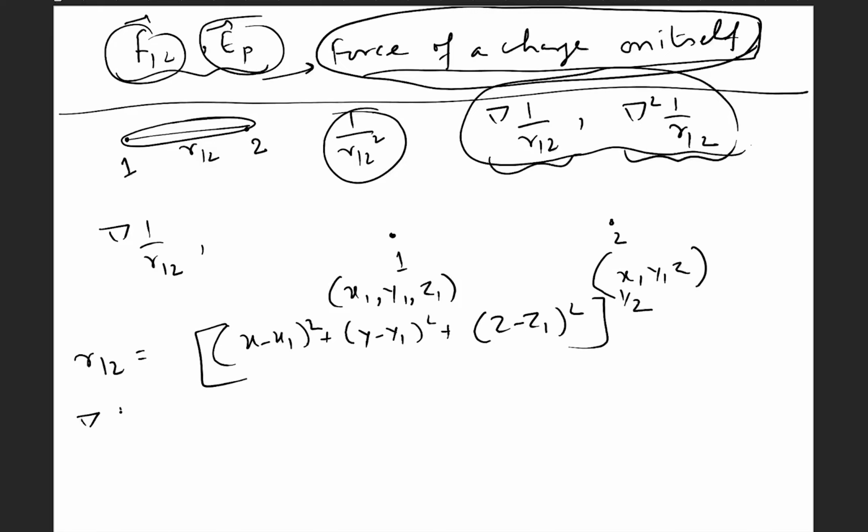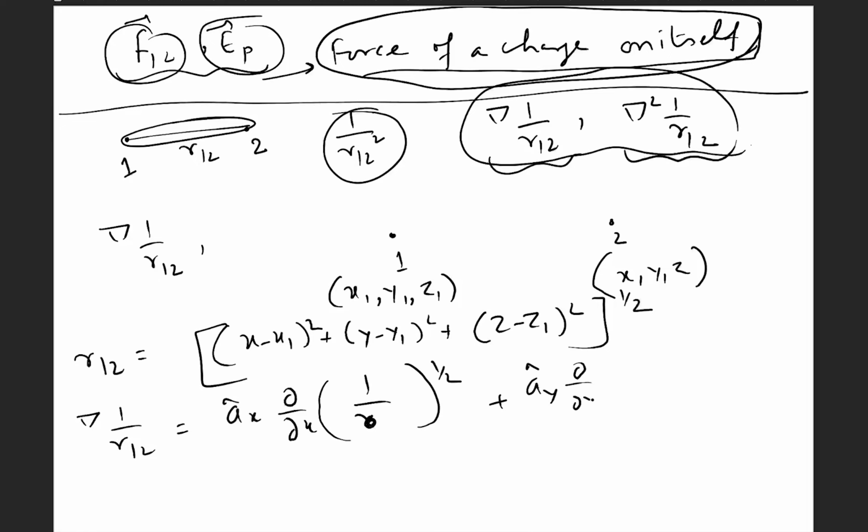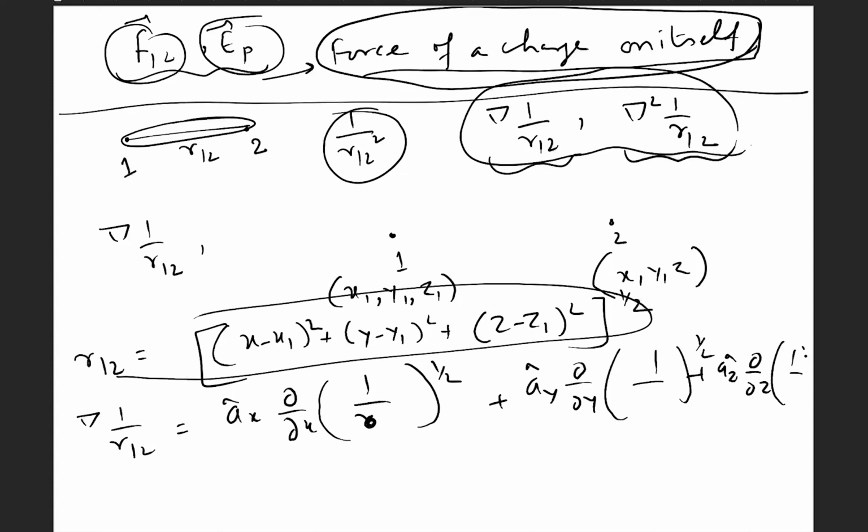To find the gradient of 1 by R12, we need to find ax dou by dou x of this whole thing raised to power minus 1 by 2, ay dou by dou y of it, and az dou by dou z of it. Let us find the x component. Similarly, we can easily find the y component and z component.